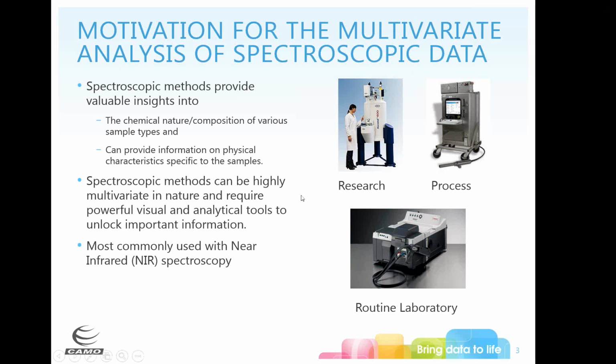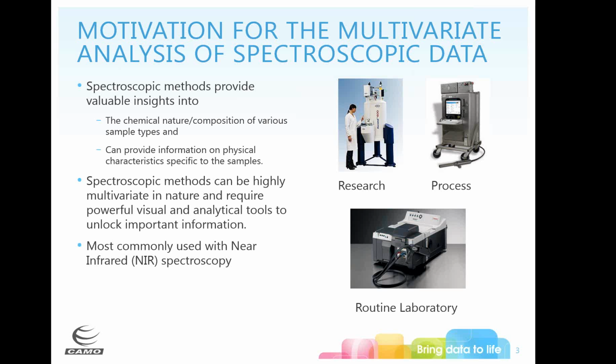So spectroscopic methods provide us very valuable insights into both the chemical nature of different samples as well as physical characteristics of those samples. By nature, spectroscopy methods are highly multivariate just by the fact that you have so many wavelengths of data that you're looking at.